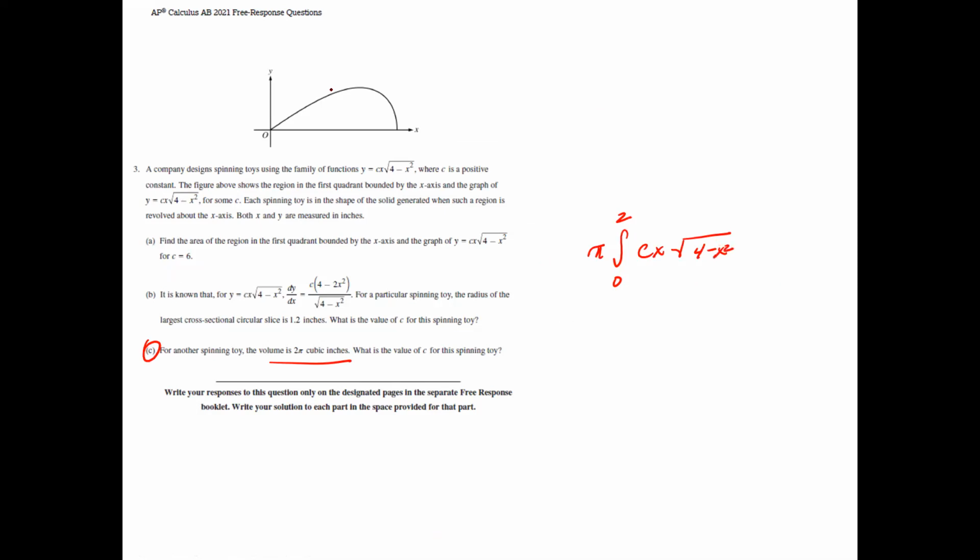And remember, it's going to be the radius, so you have to square that. So it's going to be that radius squared dx, which is then equal to 2 pi, because that's the volume.